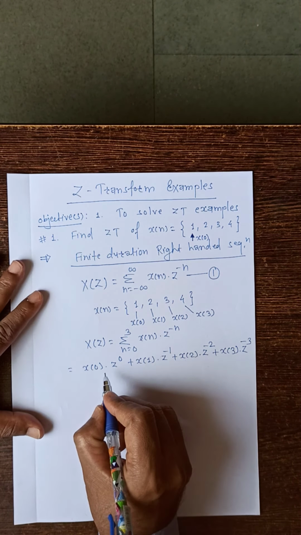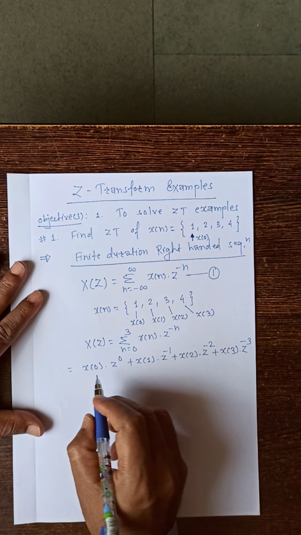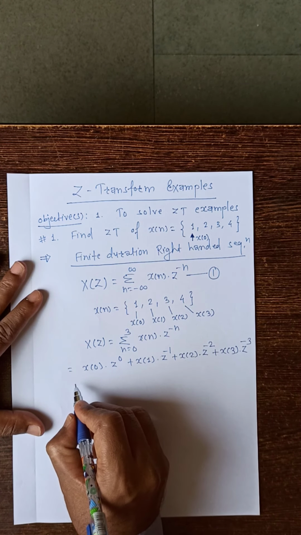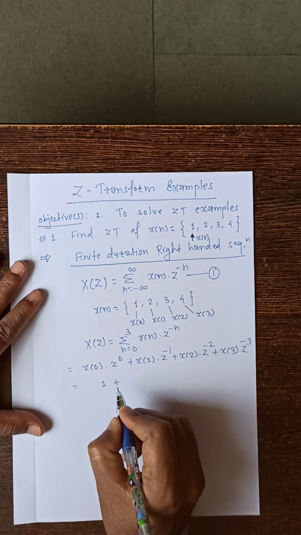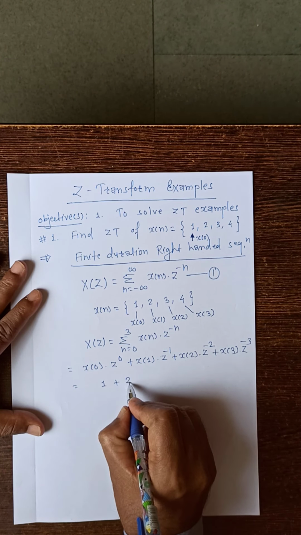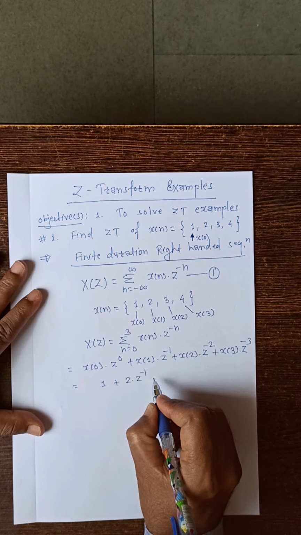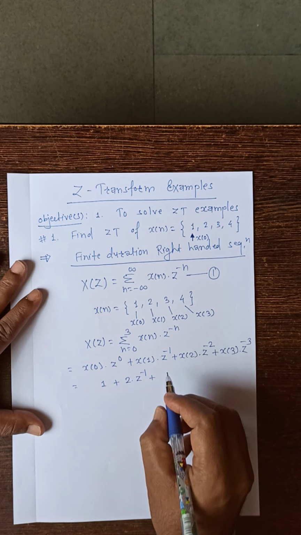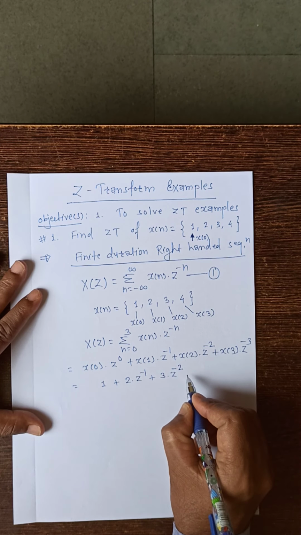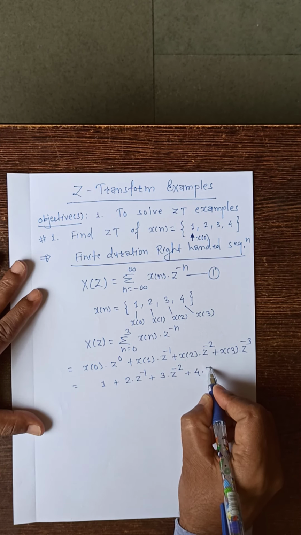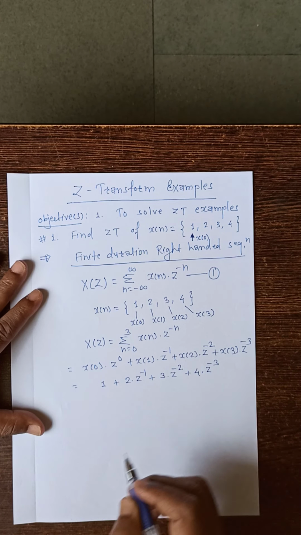Now put the values: z raised to 0 means 1, so x0 equals 1. First is 1, plus x1 equals 2, 2 into z raised to minus 1, plus x2 equals 3, 3 z raised to minus 2, plus 4 z raised to minus 3.